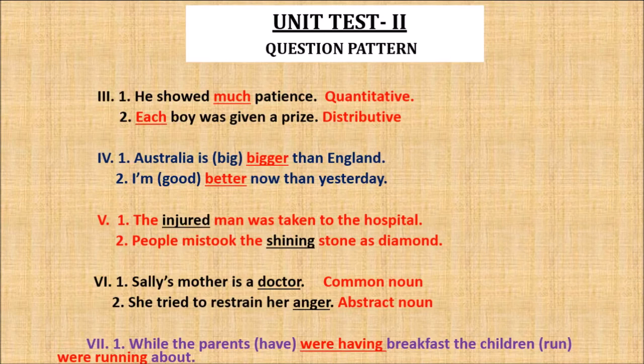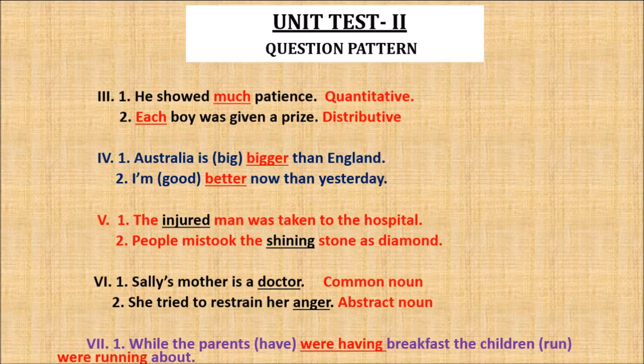When we are comparing one person with another person, when the comparison is between only two, it comes under comparative, and er should be added for the comparative degree. But when we are comparing one boy with a group of boys, or one book with a group of books, or one room with a group of rooms, then it comes under superlative degree. For superlative adjectives we have to add est.